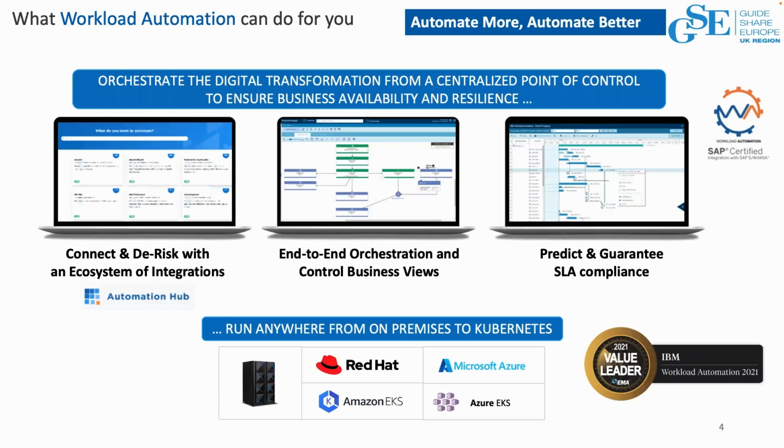And we also provide the possibility to simulate actions on the workloads and verify what is going to be the impact of those actions through the what-if capability. So we have a set of features that we call workload prediction.